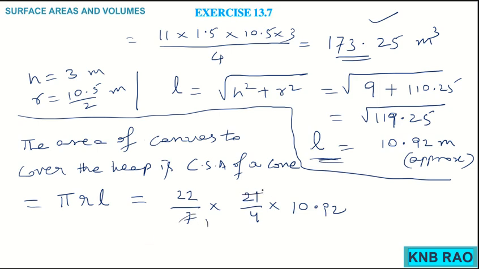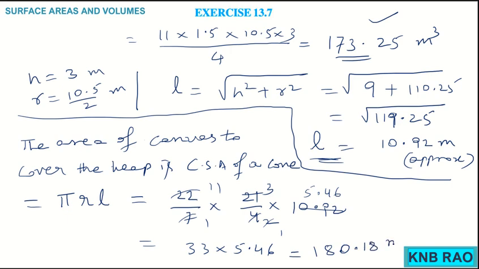So, 7 1s are 7, 3s are. You got 22 into here 2s are, here 11s are. So, 2 cancels with this, 5.46. So, 11 into 3 is 33, 33 into 5.46. If you find out, you will get here 180.18 meter square.